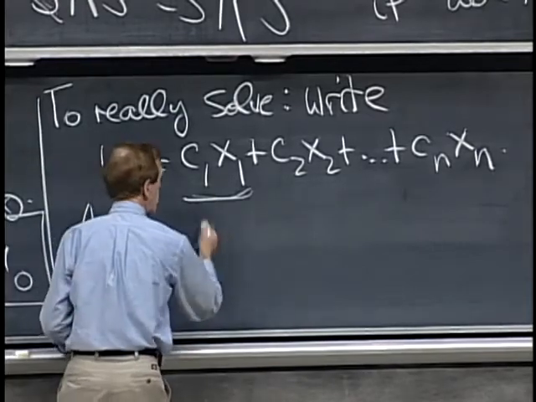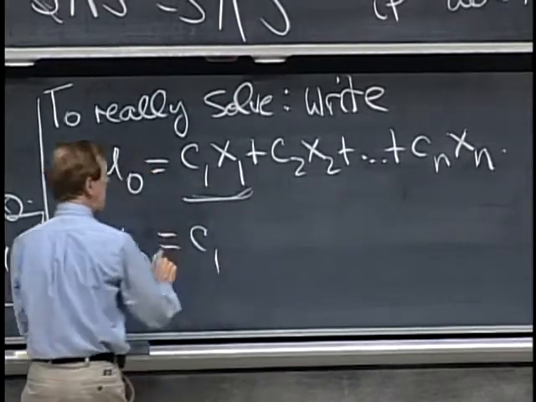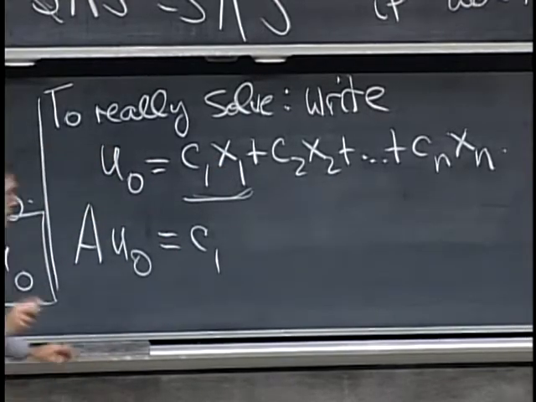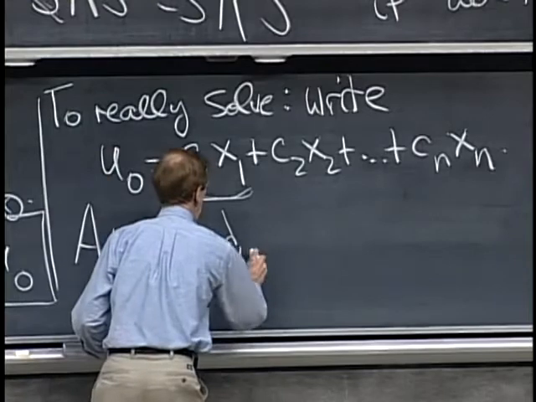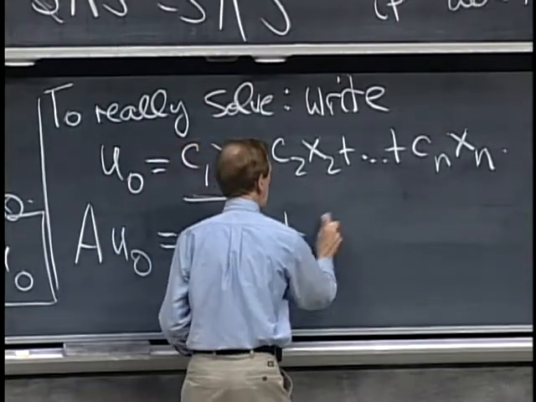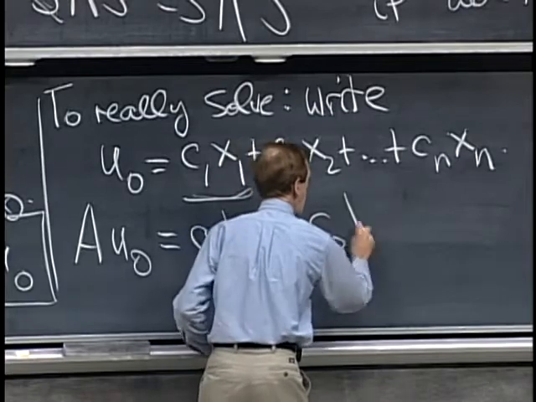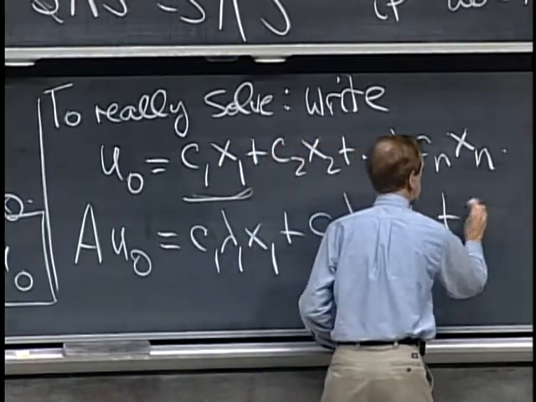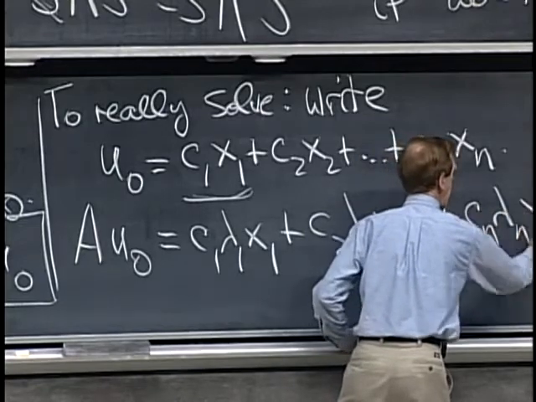I get c1, which is just a factor, times Ax1, but Ax1 is lambda 1 x1. When I multiply this by A, I get c2 lambda 2 x2. And here I get cn lambda n xn.